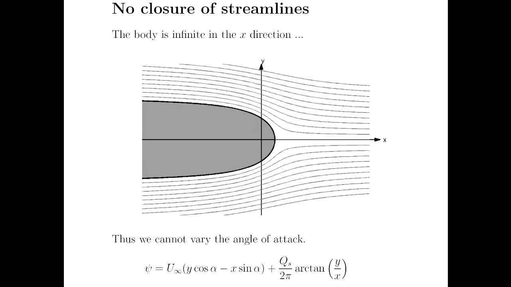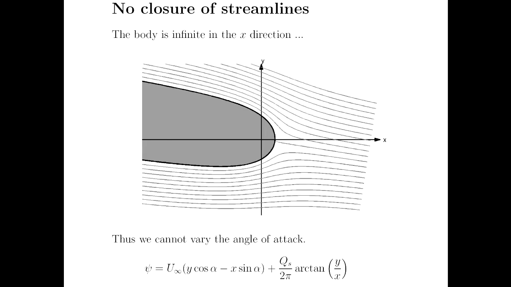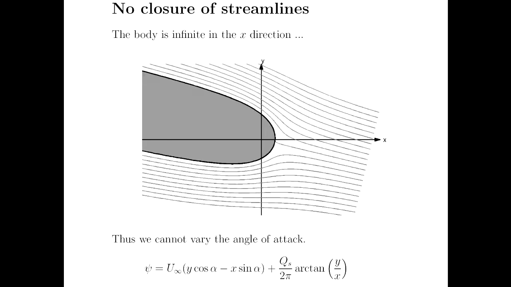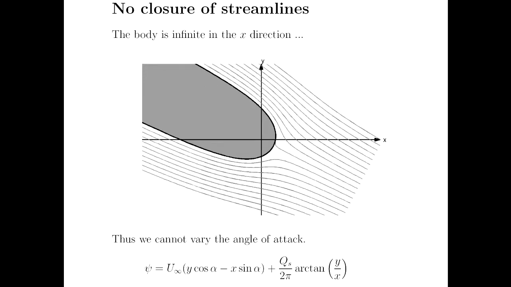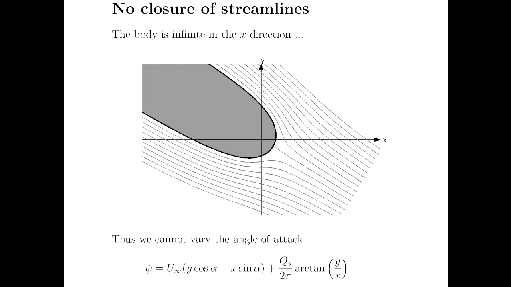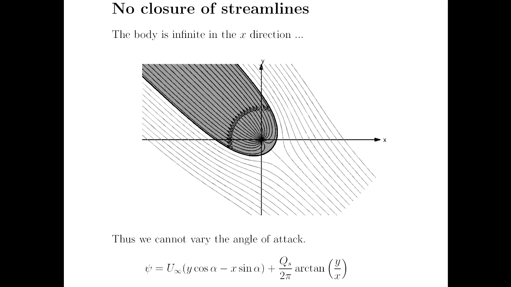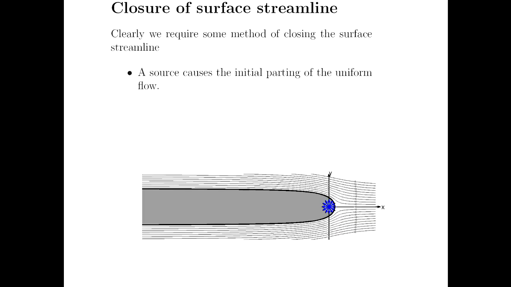But for this half Rankine body, you can see that it is always parallel to the flow. This means that you can't vary its angle of attack. So we have two issues, but let's settle the first issue first.